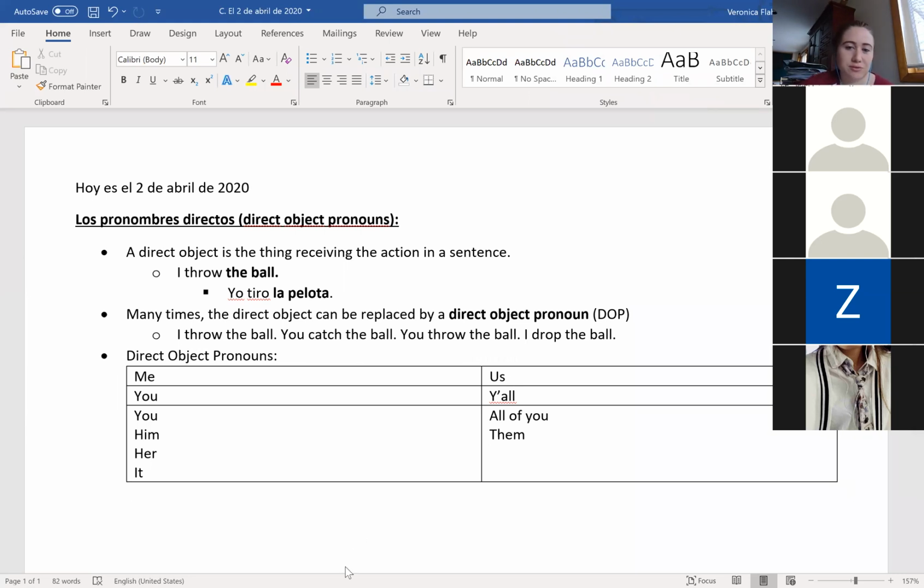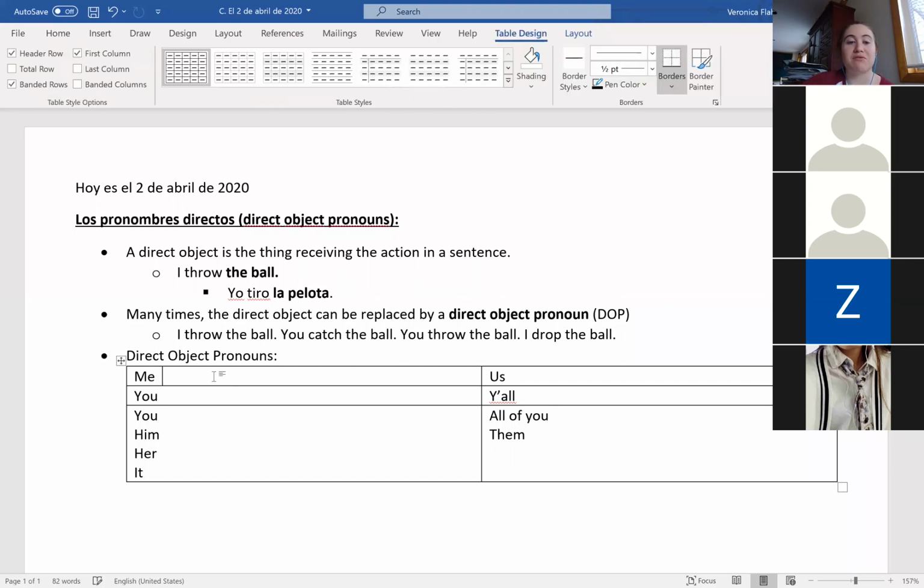So in English, we have 1, 2, 3, 4, 5, 6, pretty much 7 because y'all, all of you, and all the yous kind of fall into the same thing. We pretty much have 7 direct object pronouns. In Spanish, there are 8 because we have to include masculine and feminine versions of them. So if you watch the video, you guys can help me fill in the chart.